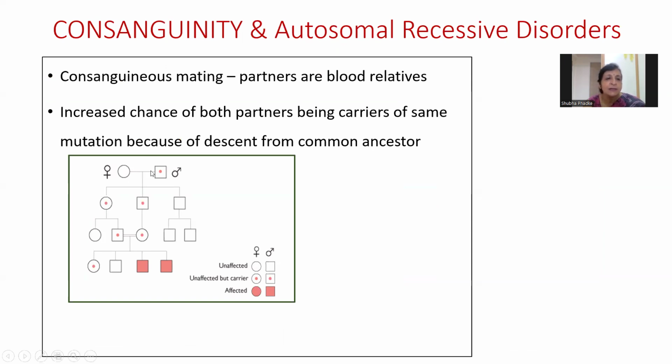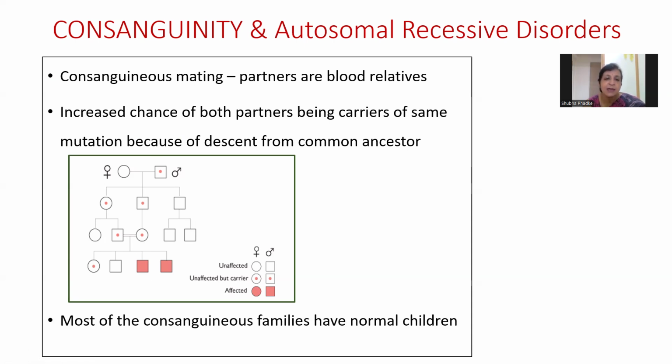In such a situation, if one of the common ancestors has a disease causing mutation of an autosomal recessive disease, usually a rare type, it may pass on to the following generations, and then somewhere, if there is a consanguineous mating, both partners may have the same mutated allele, and then they may have affected children.